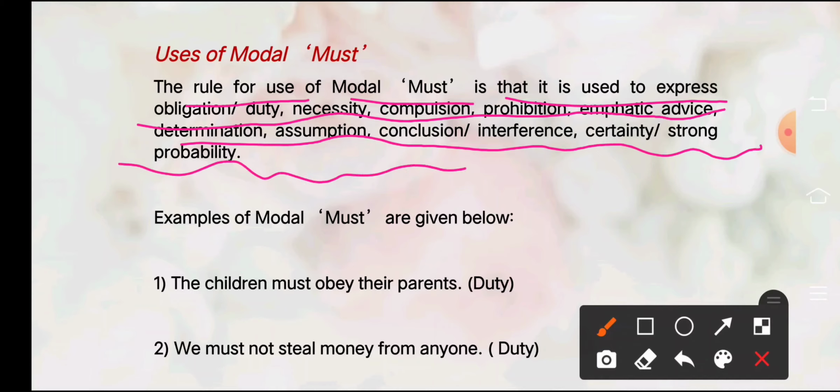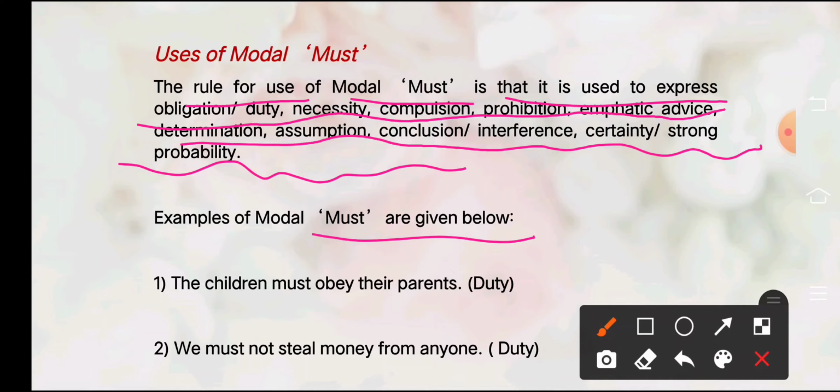So for all these things you have to use must. The point is simple: when this is your duty and you have to do this, and you cannot do anything else, you must do this. You must study to get good marks in your examination. So this is your duty. For that you have to use must.